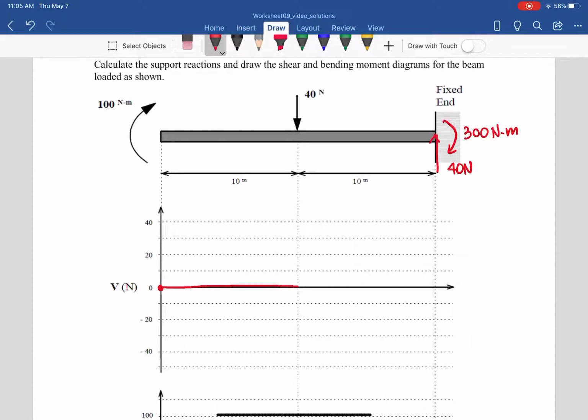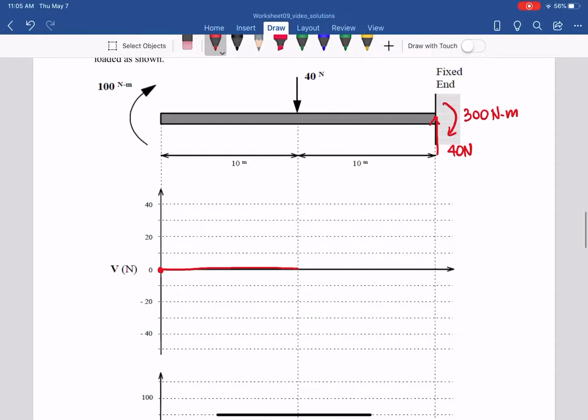Basically, if you recall, the first 10 meters from the left is pure bending. It only creates internal bending moment that you will see later, but no internal shear. There's nothing that affects it, no distributed load, no concentrated load between the first 10 meters on the left. And then we go to the middle, where the 40 Newton load goes down.